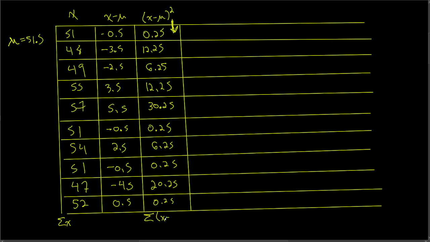It's the total of this column. Running that through the calculator, 0.25 plus 12.25 plus 6.25 plus 12.25 and so on gives me a sum of 88.5.